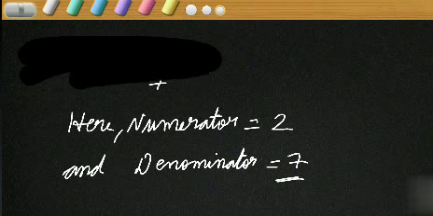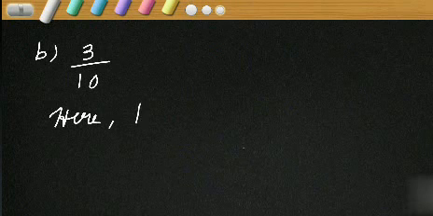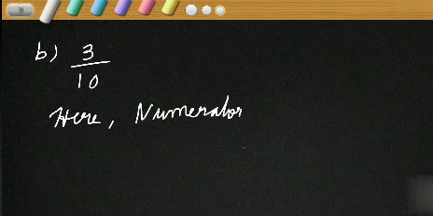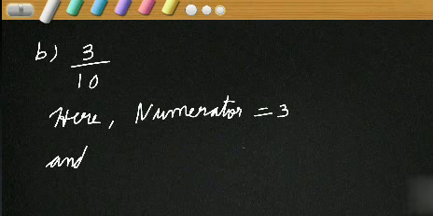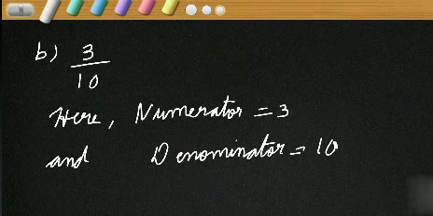Next, B: 3 by 10. Here, numerator is equal to 3 and denominator is equal to 10.